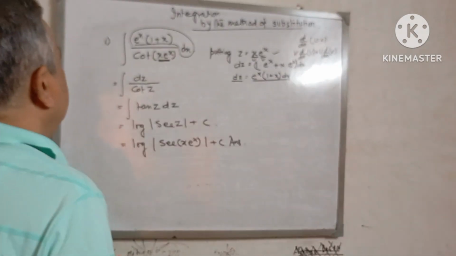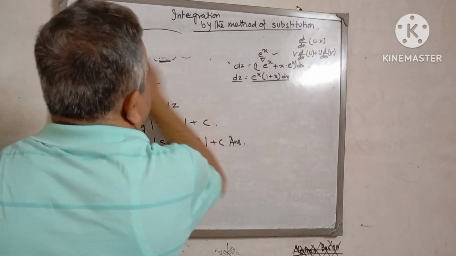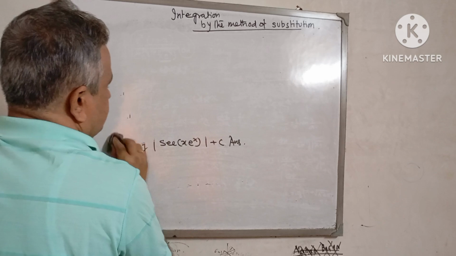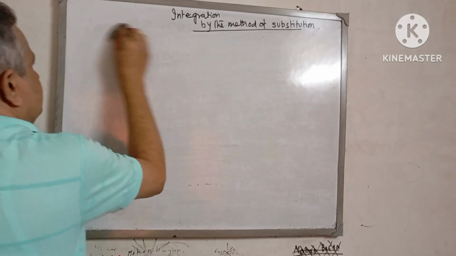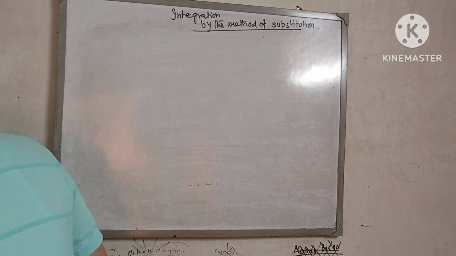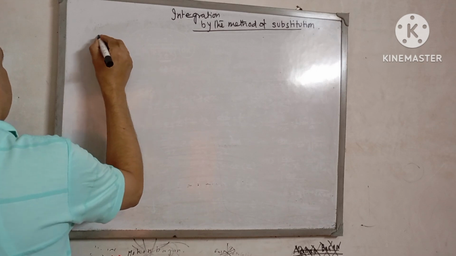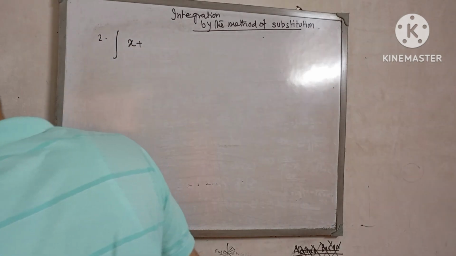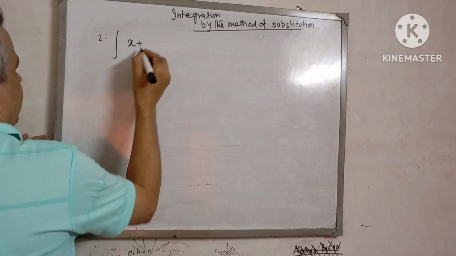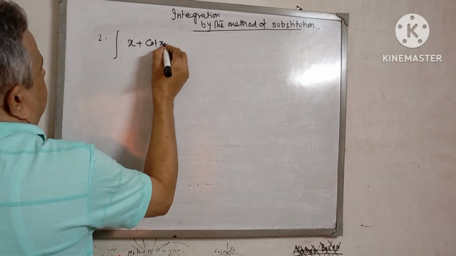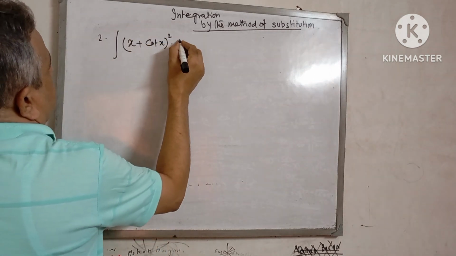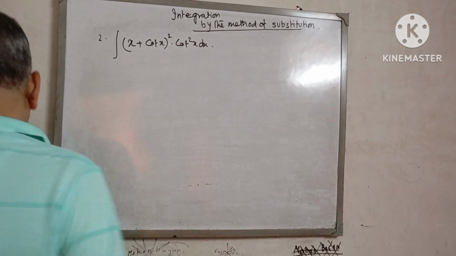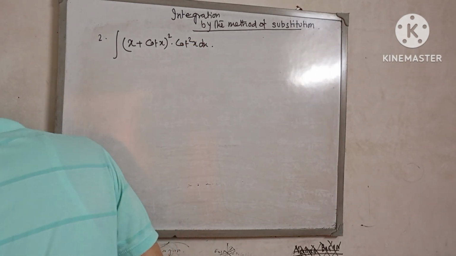Now we are going to second problem. Problem number 2, integration of x plus cot x whole square into cot square x dx.